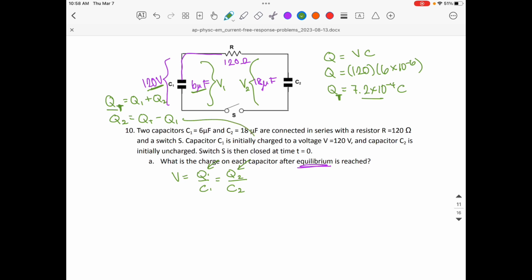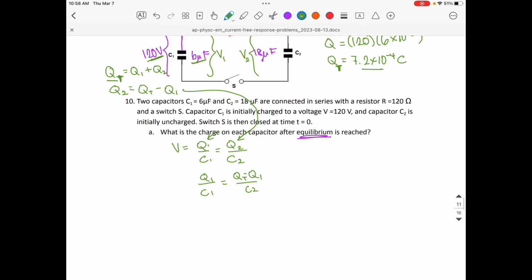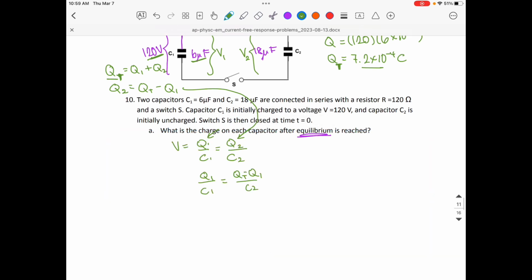So we're going to make this substitution, simplify this step here, and try to isolate Q1. I'm going to go through this pretty quickly. I've done it in previous problems already, so you should kind of get the hang of the steps to do this.